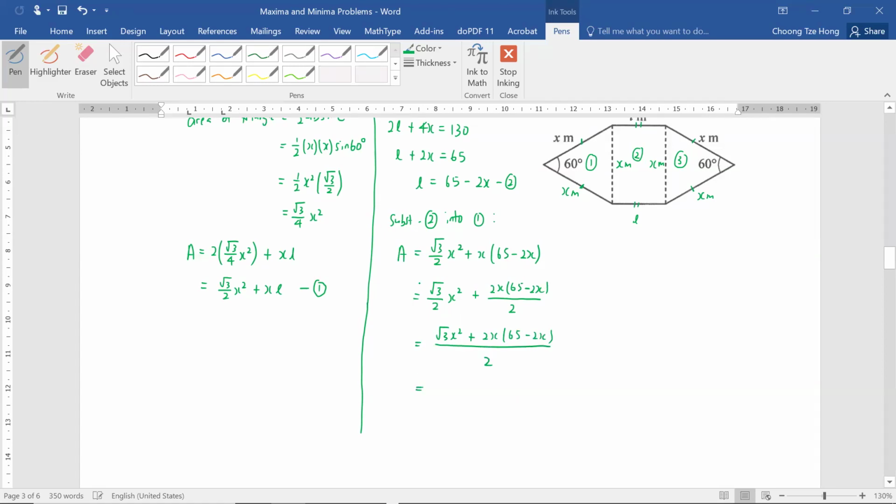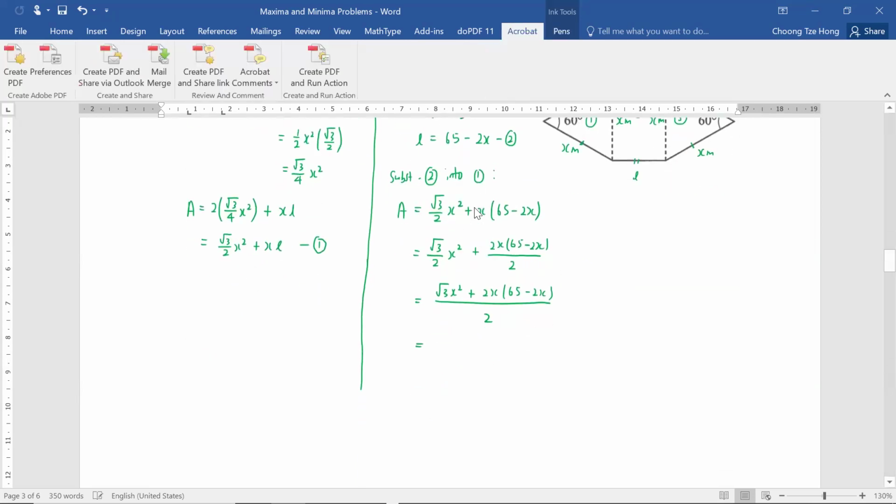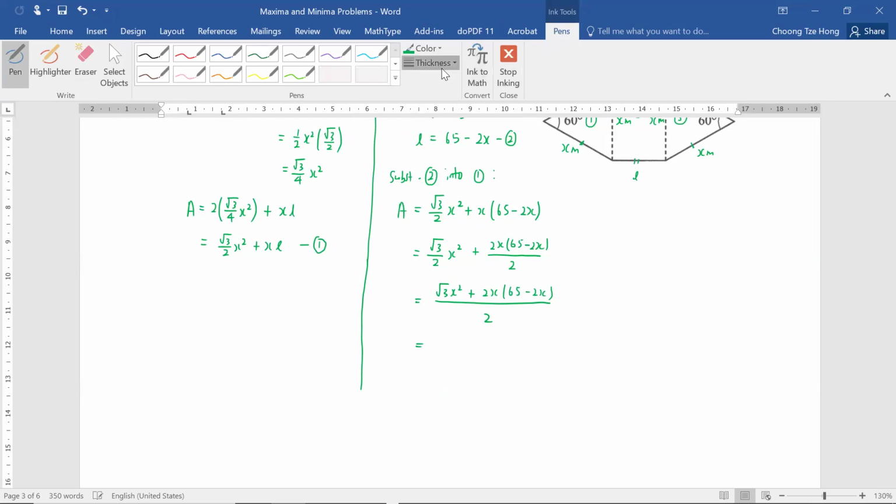It's very important that you keep an eye on what the final expression should look like. There's 130x over here, so you can see that if we multiply this 2x to the 65, then we will be able to get the 130x. This means we need to expand this bracket.